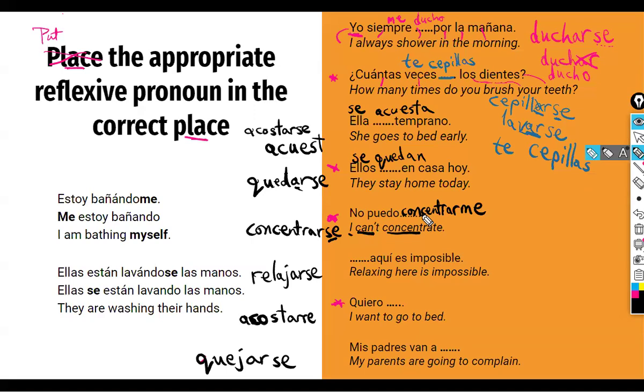All right, look at the next question. So just write it down for now, and let's look at the next one. We're using relajarse. Aquí es imposible. So relaxing here is impossible. Who is relaxing? That is very unclear.